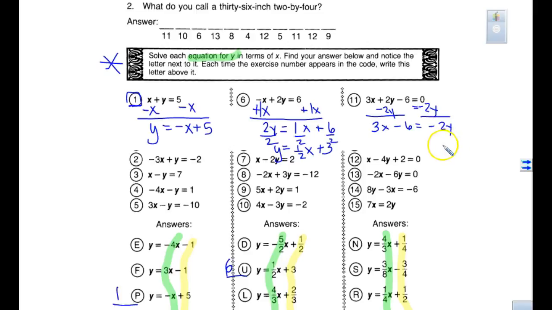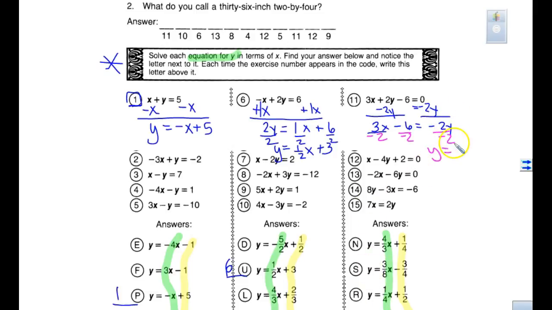And now as I look at it, what do I need to divide everything by? You need to divide everything by -2. Yes. So when we do that last division by -2, and I'm dividing everything by -2, I get y equals, I'm going to put my y first now, right? Because all my answers have the y first.